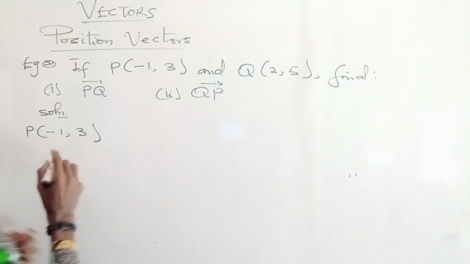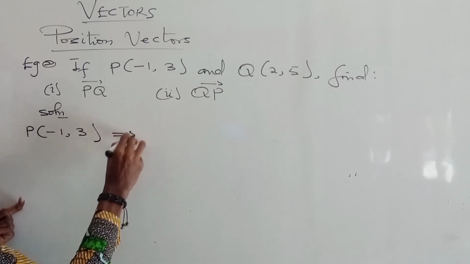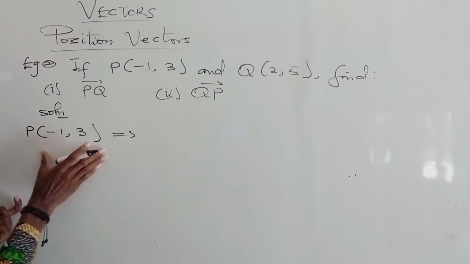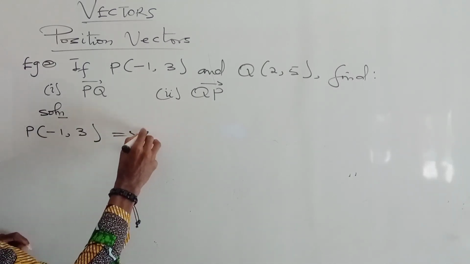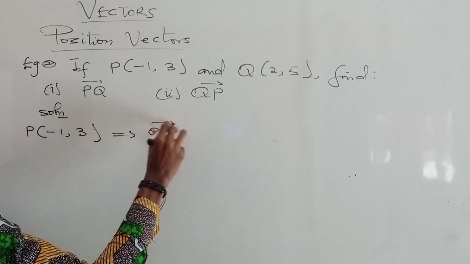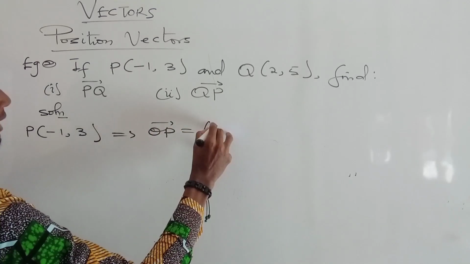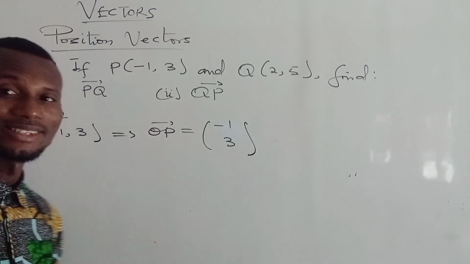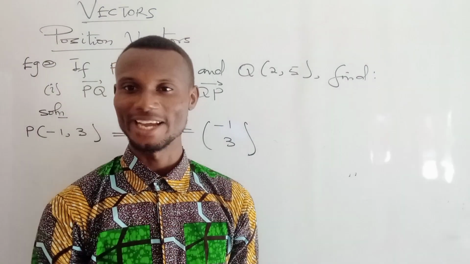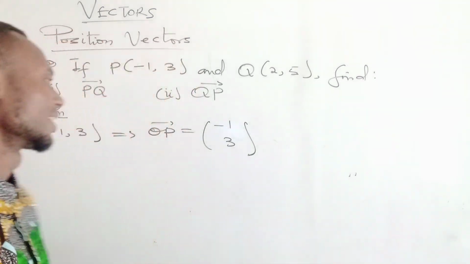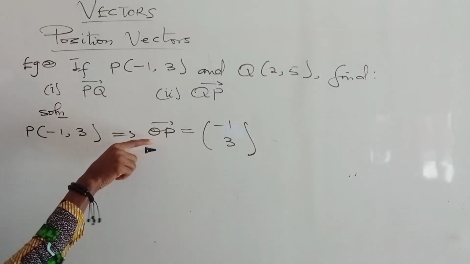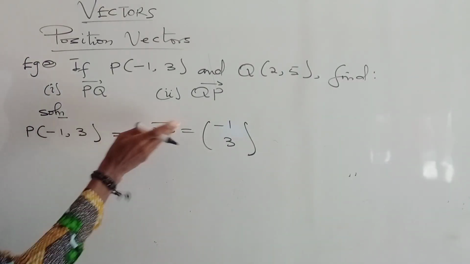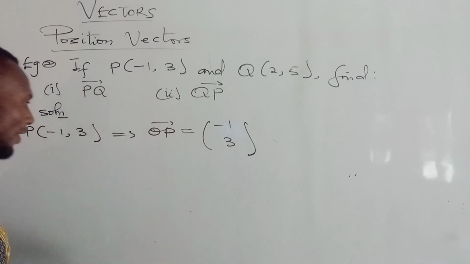Writing this point P as a position vector, this will imply that my OP will be equal to -1, 3. I hope you understand and you agree with me. I've explained this a lot in the first video. OP means that we are starting from the origin. So OP equals -1, 3.